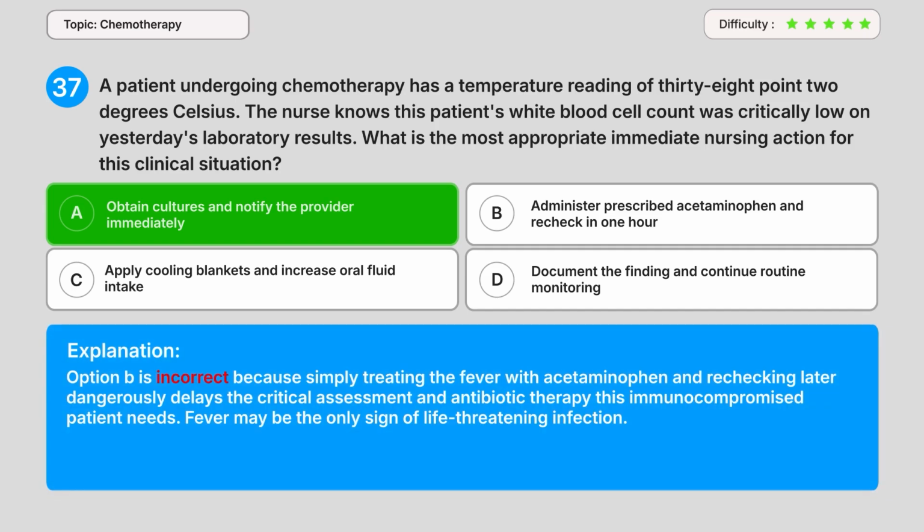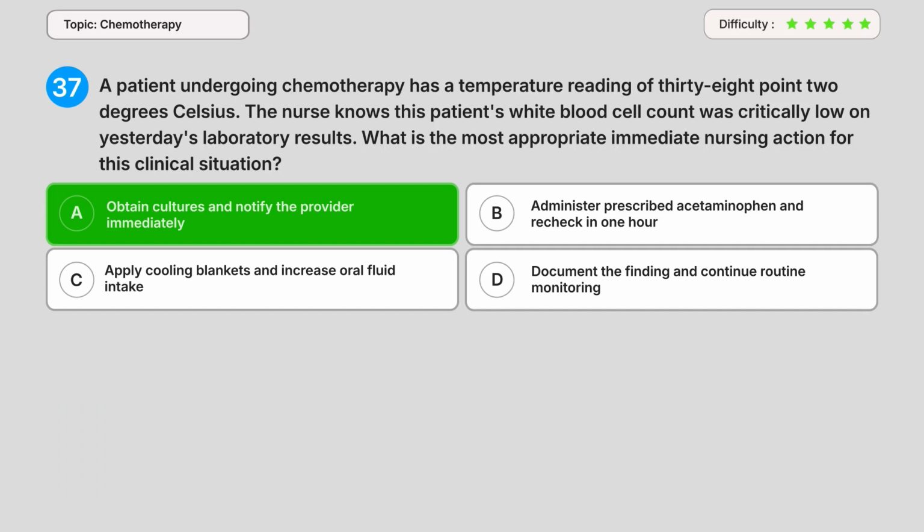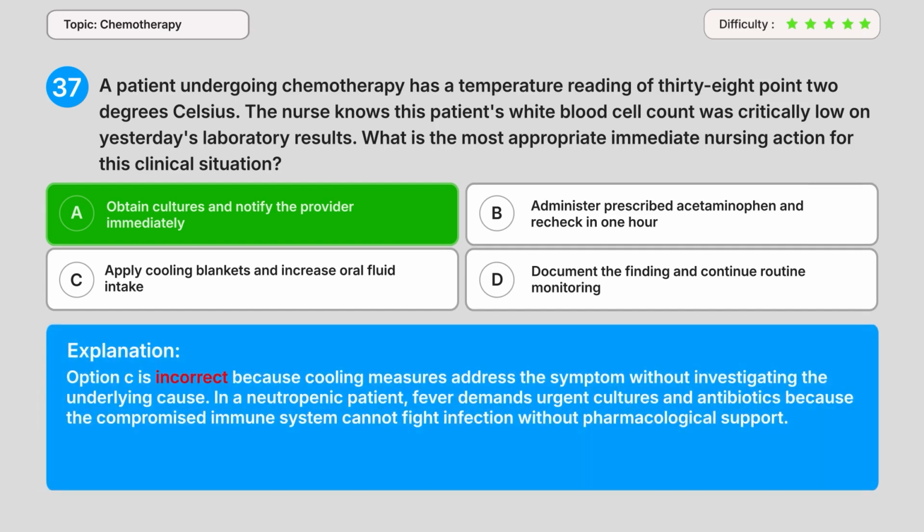Option B is incorrect because simply treating the fever with acetaminophen and rechecking later dangerously delays the critical assessment and antibiotic therapy this immunocompromised patient needs. Fever may be the only sign of life-threatening infection. Option C is incorrect because cooling measures address the symptom without investigating the underlying cause.